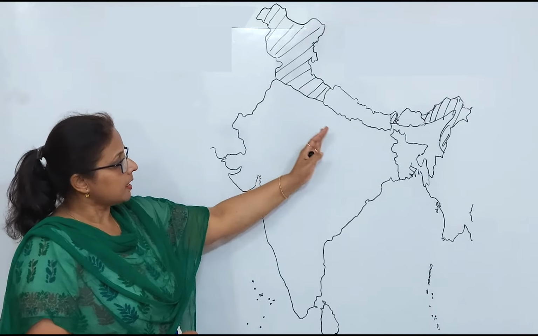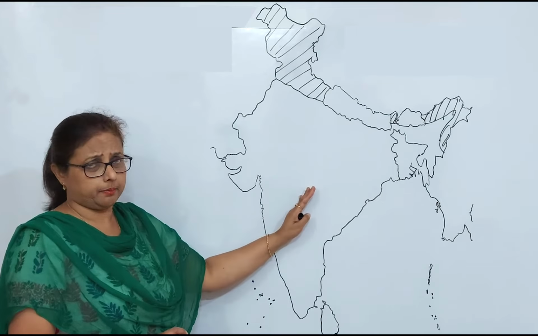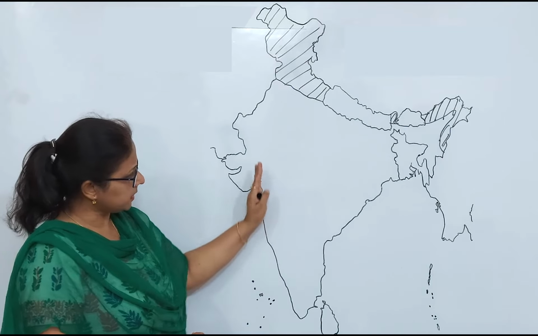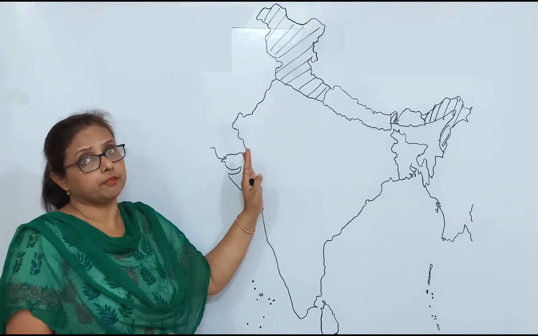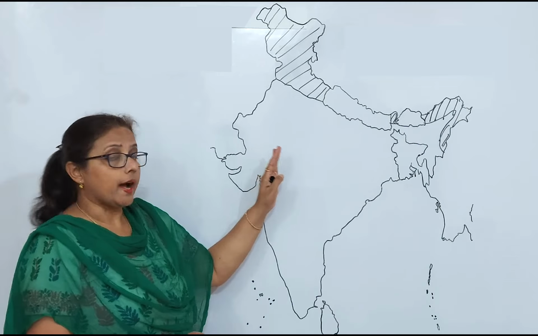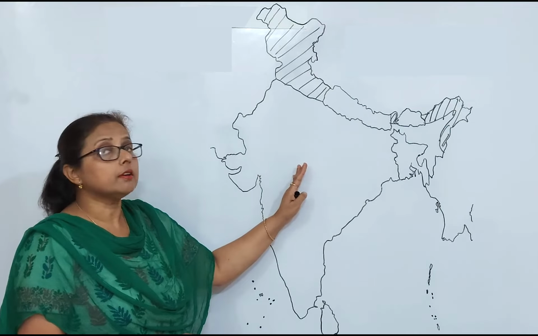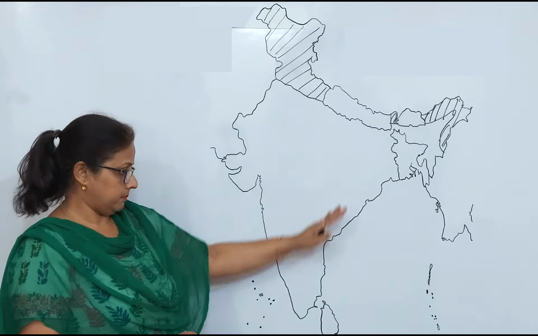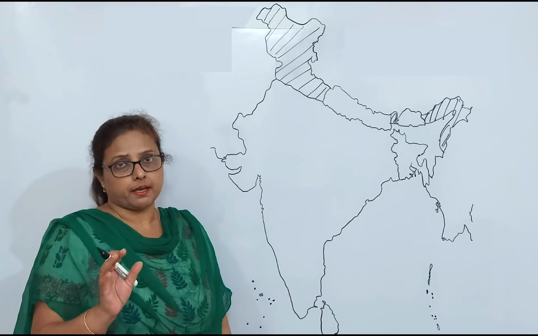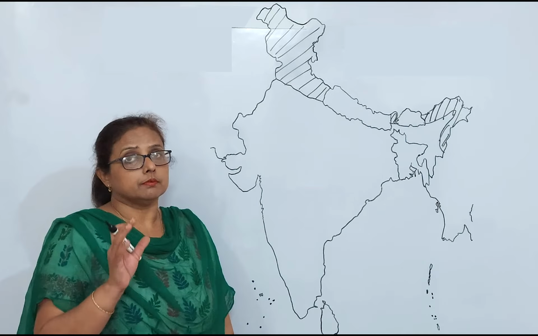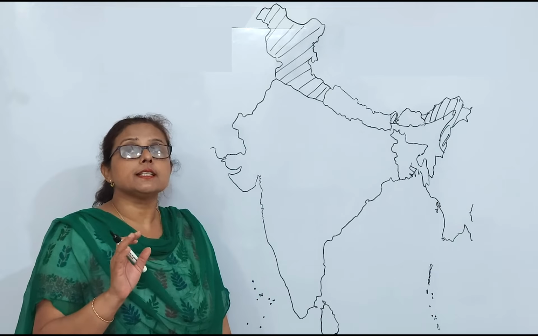Now India being a tropical monsoon type of climate, a large area of the region belongs to the deciduous variety of trees. Why deciduous variety of trees? Because the rainfall which occurs in the entire subcontinent is concentrated in 3 months, and that is why the trees which grow shed their leaves at least once a year.